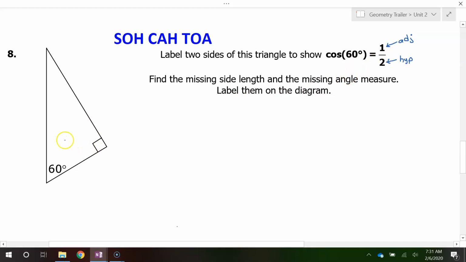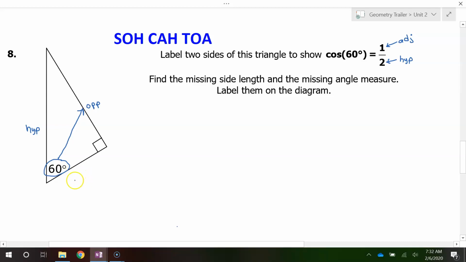Now, the hypotenuse is always across from the 90-degree angle, so we should always list that first. So we know that this side over here is the hypotenuse. The angle that we're dealing with is this 60. If I circle that angle and draw an arrow across from it, that tells us that this side is the opposite leg.